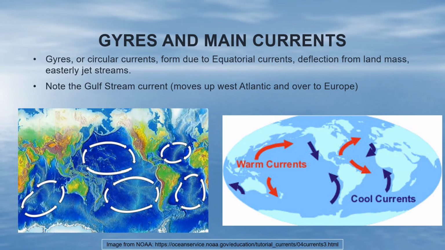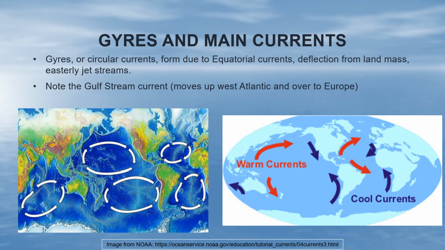However, at the mid-latitudes, that air is moving the opposite direction, from west to east. And so you get these gyres or circular currents that form because of the equatorial currents moving one direction and then the jet streams moving the other direction.